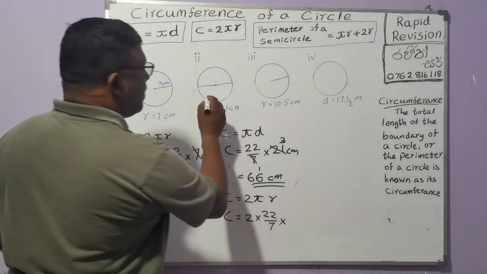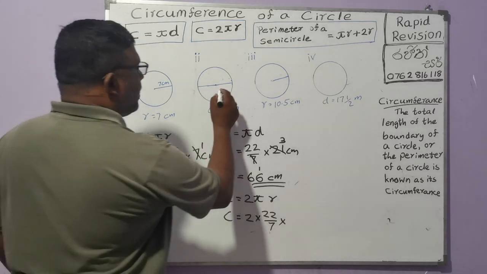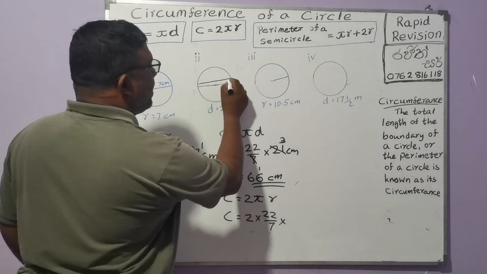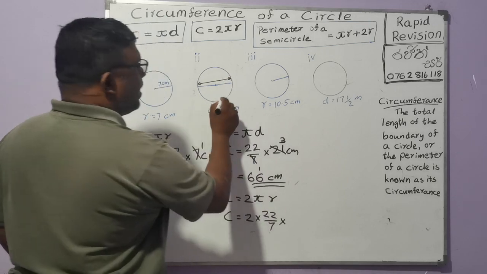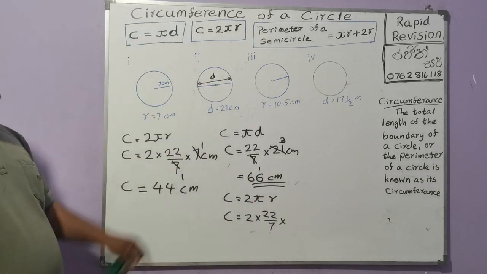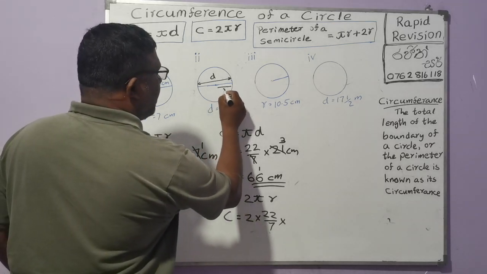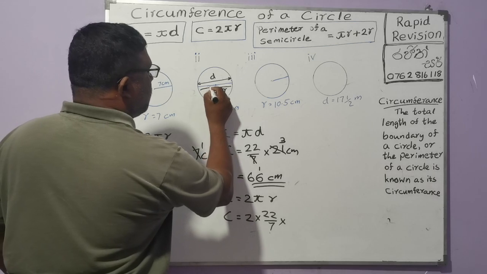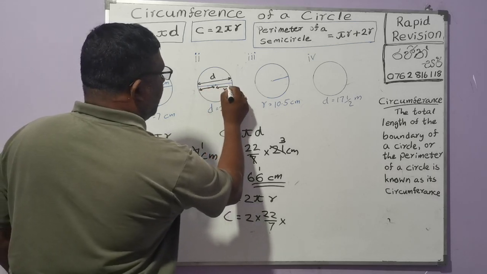You know the diameter is 2r. This length is the diameter, then this length is r, and this length also is r.